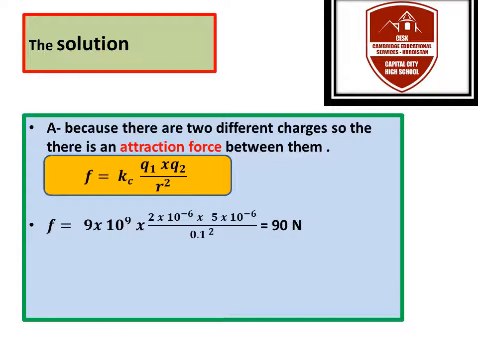As I said, F is force, Kc constant of Coulomb, Q1 first charge, Q2 second charge, R the distance between them. Every time put 9 times 10 to the power 9 instead of Kc.